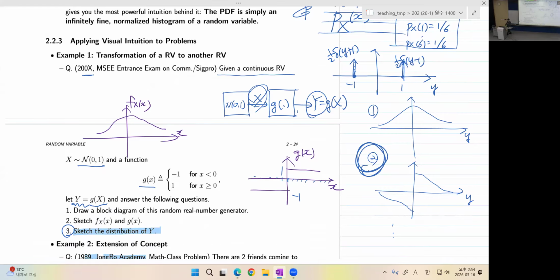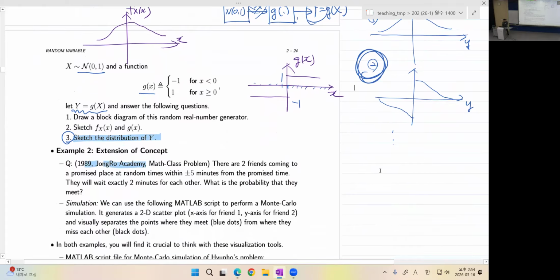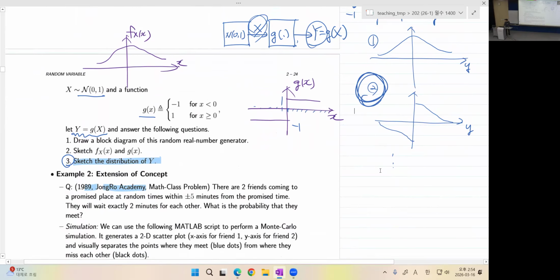Now, even though I emphasize this way, there goes another problem. Several years earlier, or 2 years earlier than that college entrance exam year, 1989, it was a miserable year of my life because I was redoing my high school third year in Jongno Academy. I was attending Jongno Academy, a repeater student, so to speak.